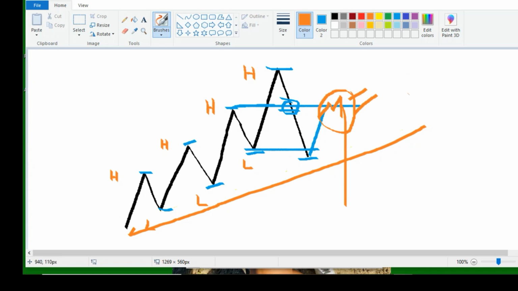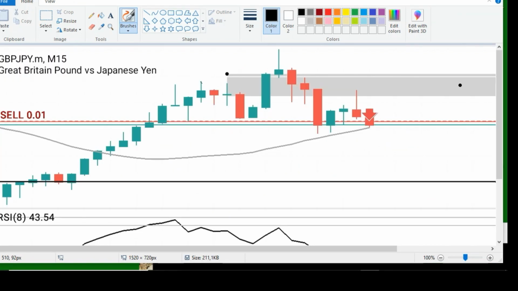So let's go to the charts and let me show you what happened and why. To pick this high, that high, and this low. Maybe this high, low to this low, we have our QM pattern.